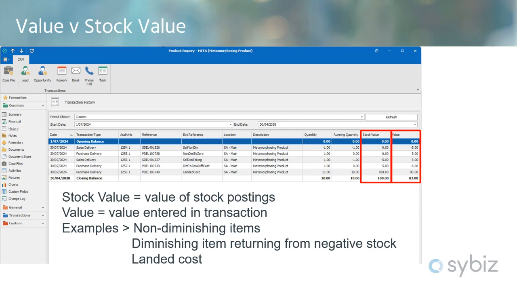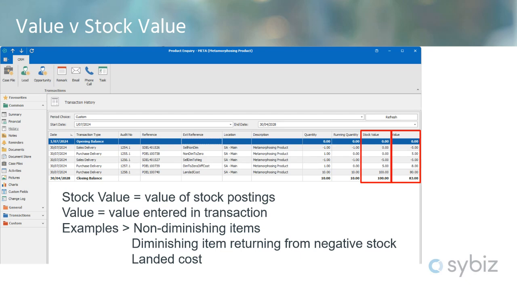Then we take that diminishing item and we're going to get it back to 0, but at a different cost. This is the example where we've used the last in cost while we're in negative, but then we've replenished it at $8.